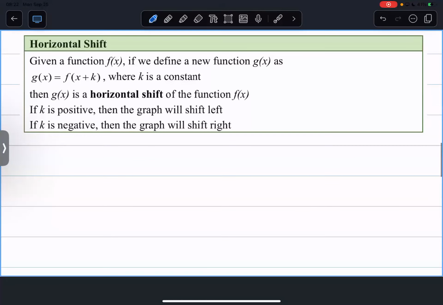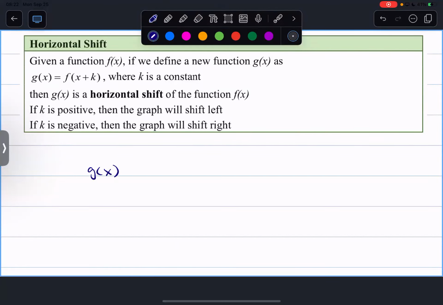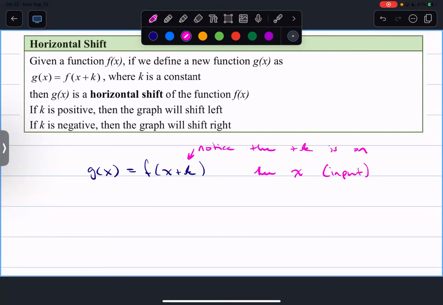So here, if you have g of x, oops, I like to be somewhat consistent with my colors. If g of x is f of x plus k, notice the plus k is on the x, which is the input.